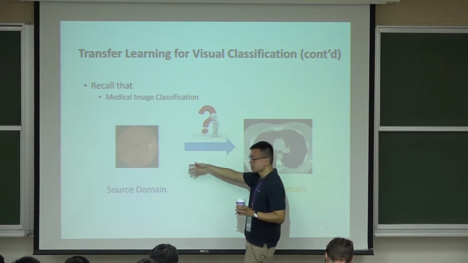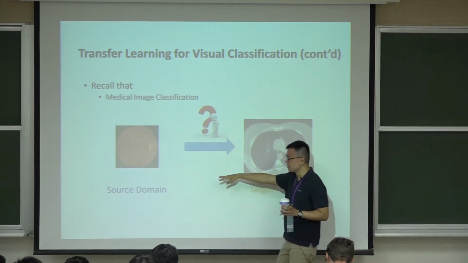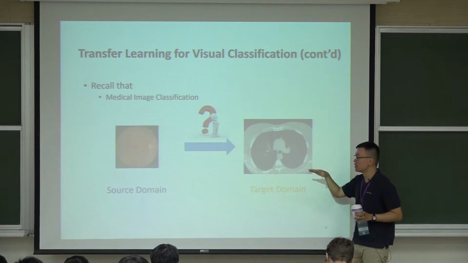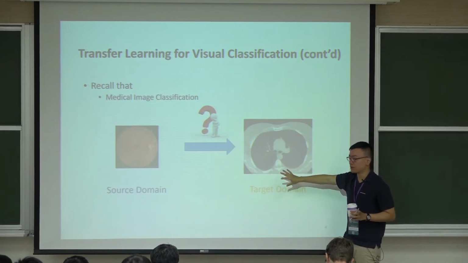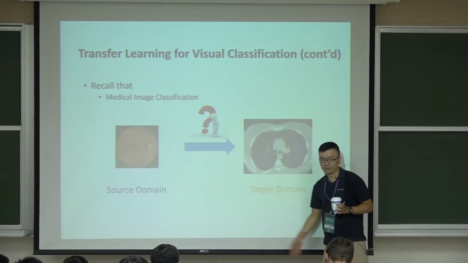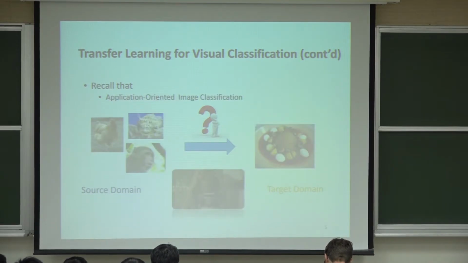So this is also a possible way to do good medical image analysis using a limited amount of data, or data with a limited budget. These are all scenarios where we need to do visual classification.